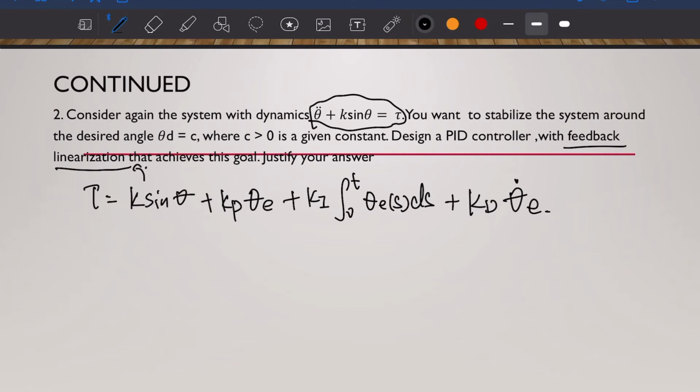Also we have theta E equals to the theta desired minus the theta. And then theta E dot equals to minus theta dot.